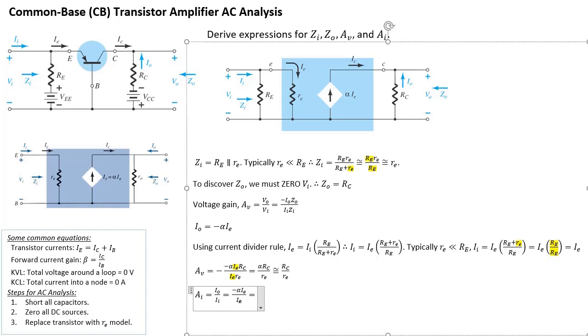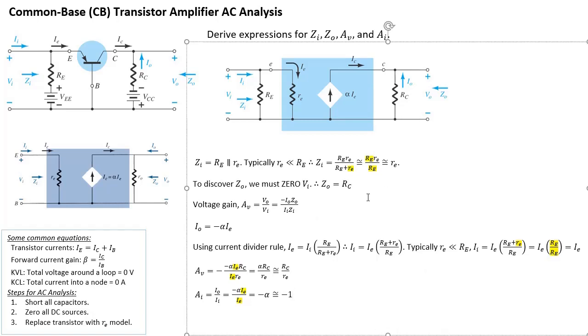Obviously IE will cancel out, top and bottom, leaving just negative alpha, which is approximately 1, so it's going to be approximately negative 1.